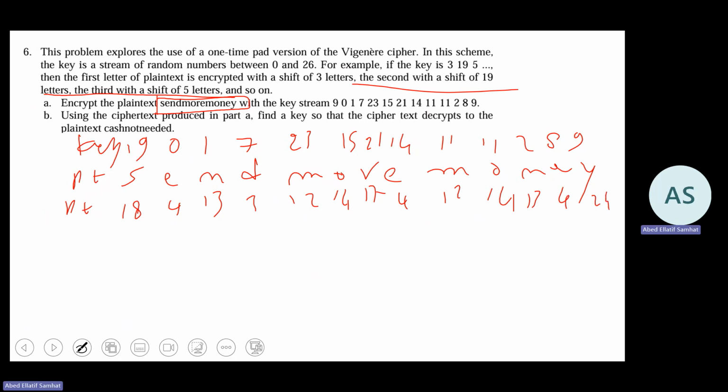So here, after doing that, we should apply for each of them. So the ciphertext will be this value plus this value mod 26. So, okay, the key here is 9.